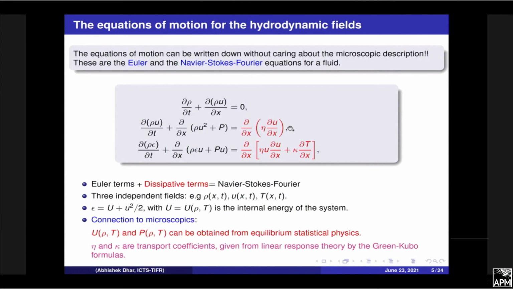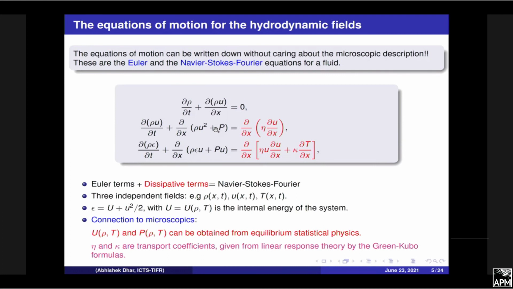And if I ignore these terms, then what I have are the Euler equations. The Euler equations have some current which consists of a flow part and a pressure part, so this is the energy current and this is the particle current.